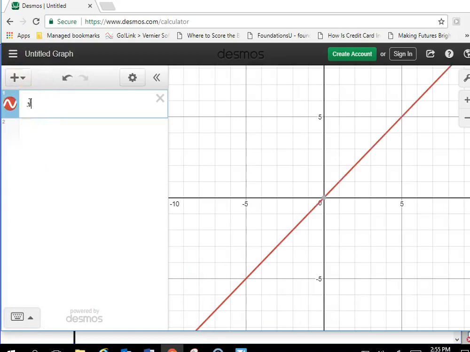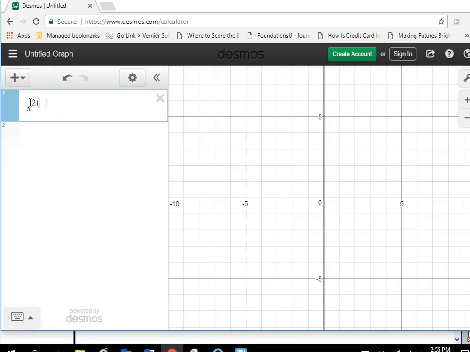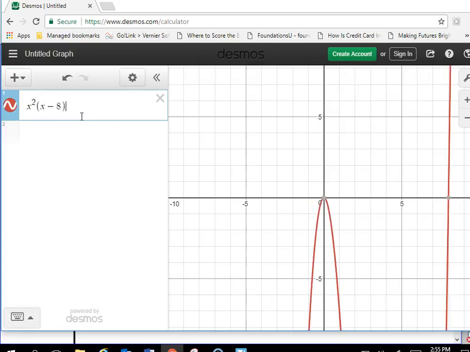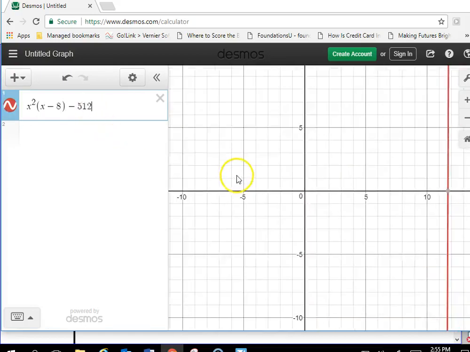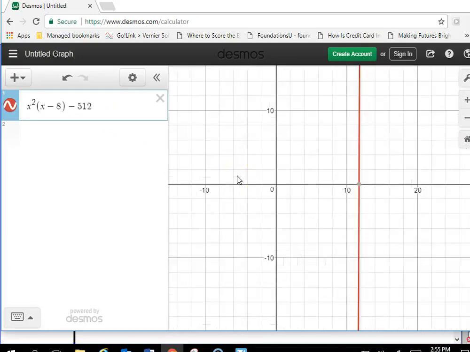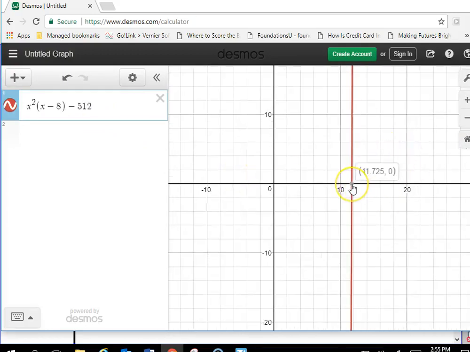So x squared times x minus 8. Whoops, the exponent. Minus 512. Okay, so when I zoom out, this doesn't have any nice zeros, but it looks like it's at 11.725.